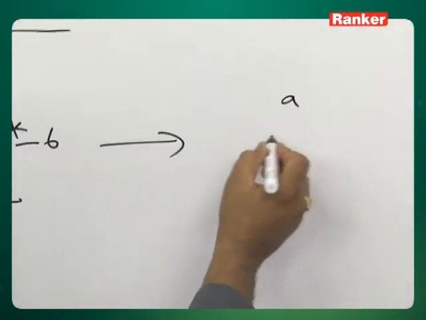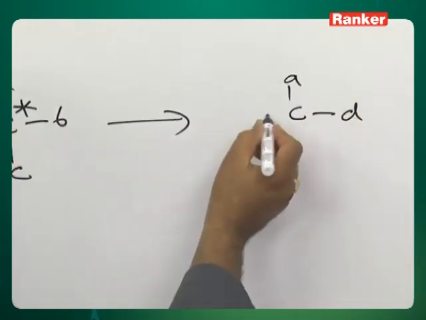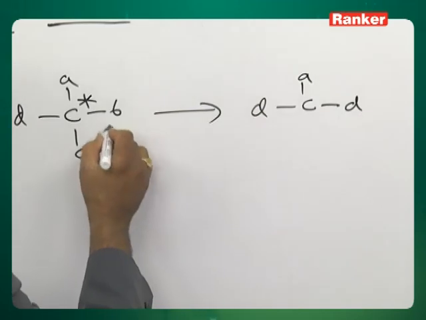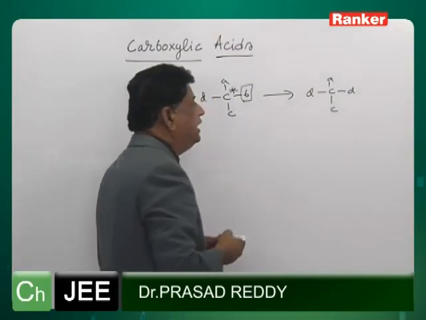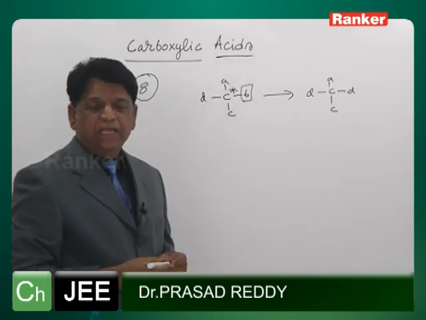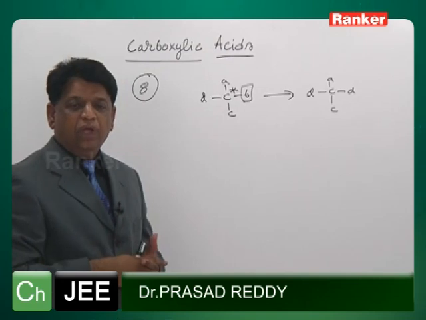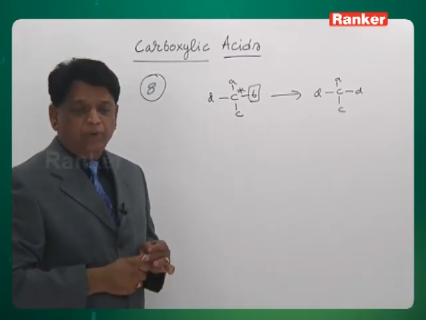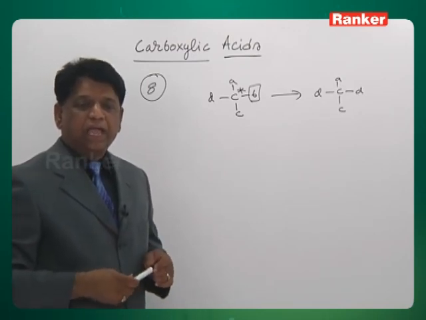That means, let us say B is converted into D, which is already there, so identical groups are formed. Such a relation should be formed in the reaction. So he says the original compound is optically active, and on reduction with lithium aluminum hydride it gives an optically inactive compound.